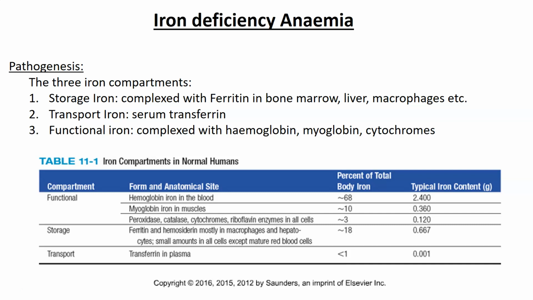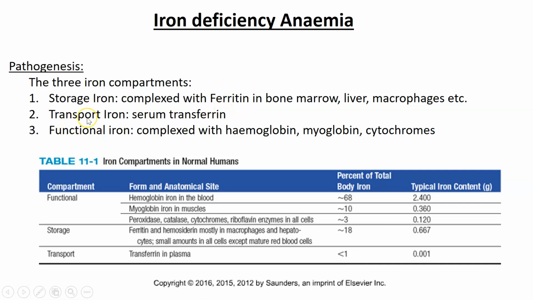So to prevent that from happening, iron is usually complexed with other molecules for safe storage. Inside cells, iron is stored in complex with a protein called ferritin. It can be inside bone marrow cells, liver cells, macrophages, but any cell that has iron stored usually stores it as ferritin.